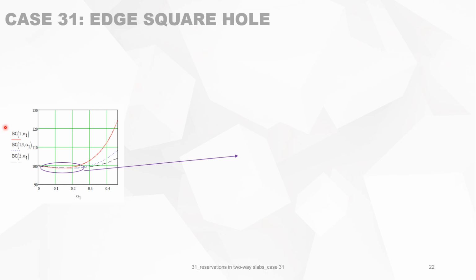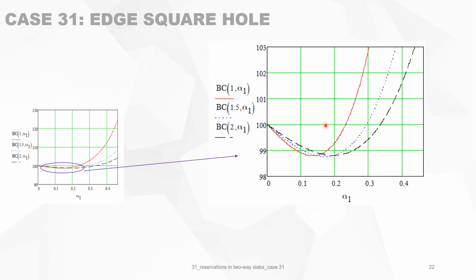We take the previous graph and look at the left-hand side of the graph, and we see that this is the area that we should take care of, because then the bearing capacity will be lower than the original one when we make the reservation of type 31. But when you look closely, you see that the maximum loss is only 1%. So that is not significant at all.